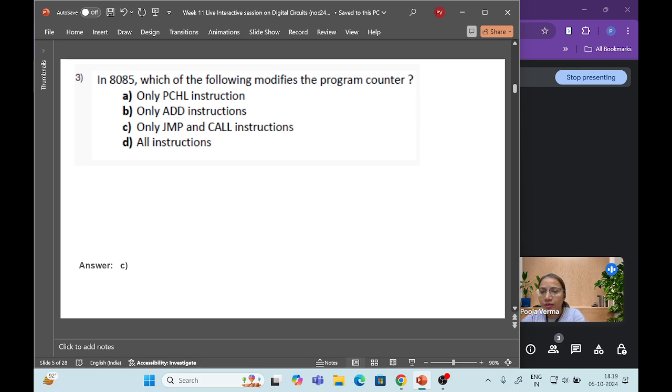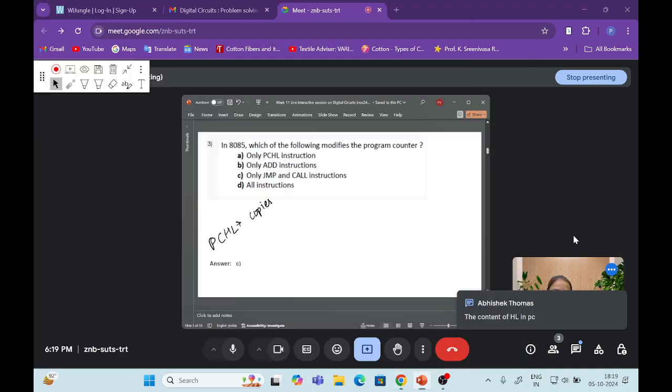What is the function of PCHL? Let's go through it option by option, then we can understand. It copies the content of HL into the PC directly.